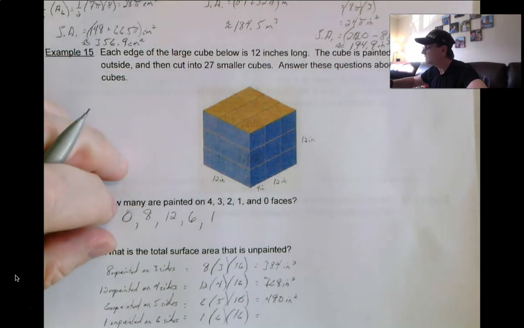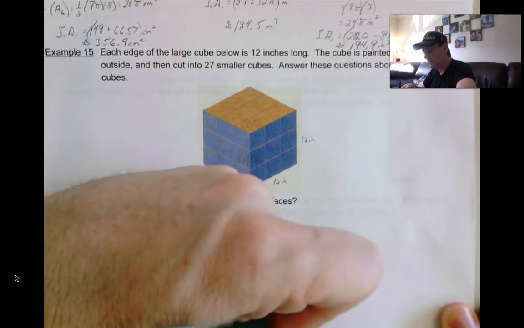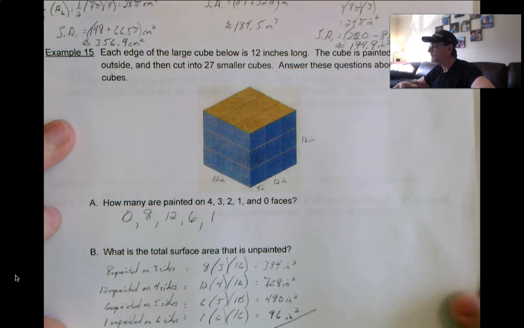And 6 times 16, 96 inches squared. Add all of these up.